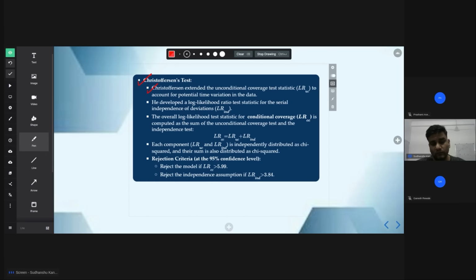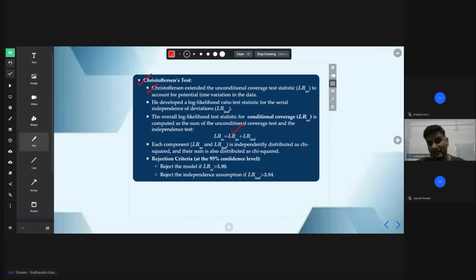What he did was extend the POF test, which was developed in 1995, by adding a second part: a test for independence of exceptions over time. He designed two components. One was LRUC, the likelihood ratio for unconditional coverage, which was the POF test.